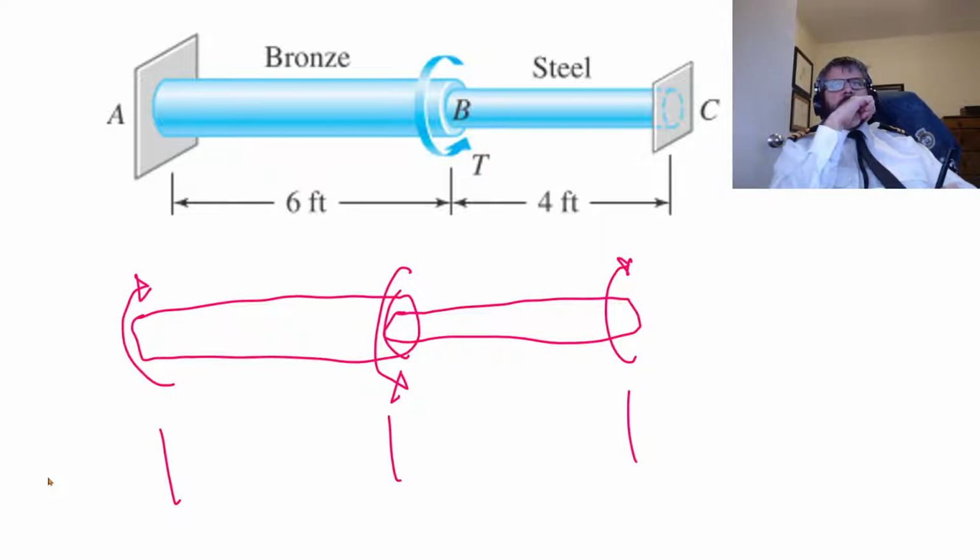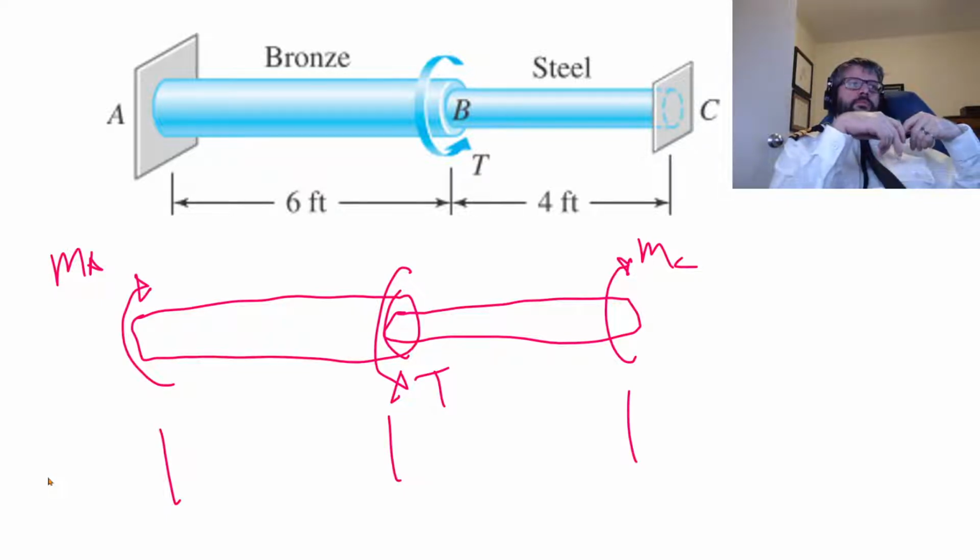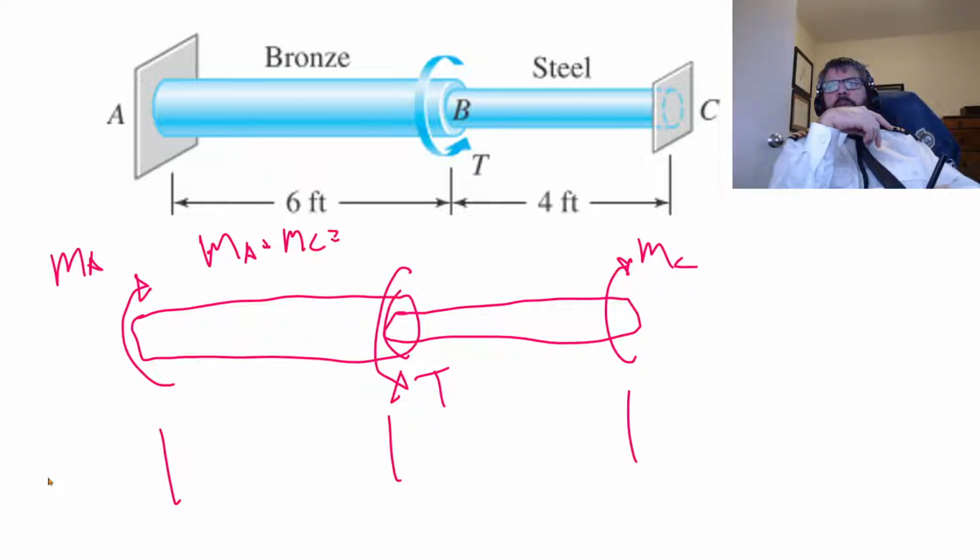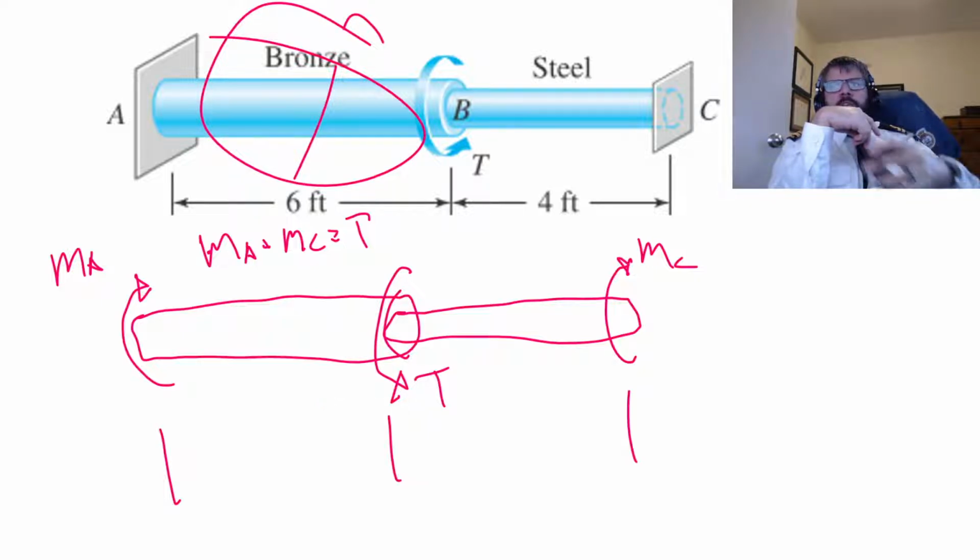So we know that just based upon our sum of the moments about the x-axis, MA plus MC is going to be equal to T. And then essentially the internal load in this bronze section here, based upon the directionality that we've got here, will be a positive MA.